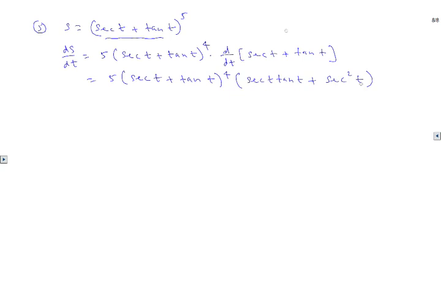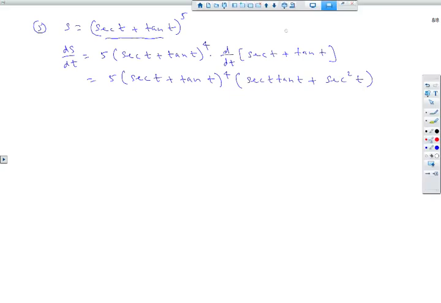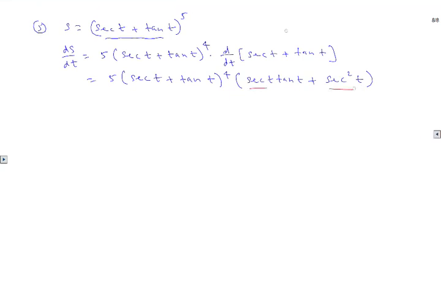You can also take the common factors, and you can see that secant is a common factor, so I'm going to take it out. Once you take it out, you get a secant tan term, so you can combine with that.